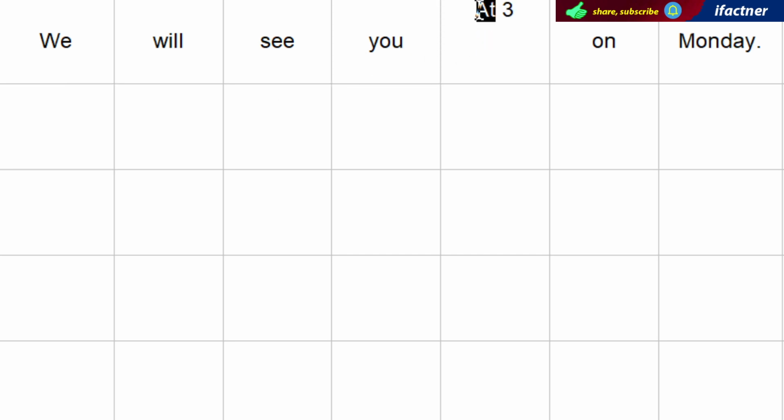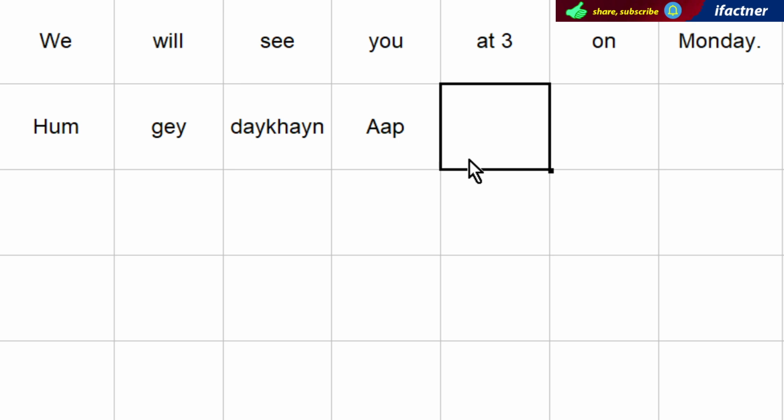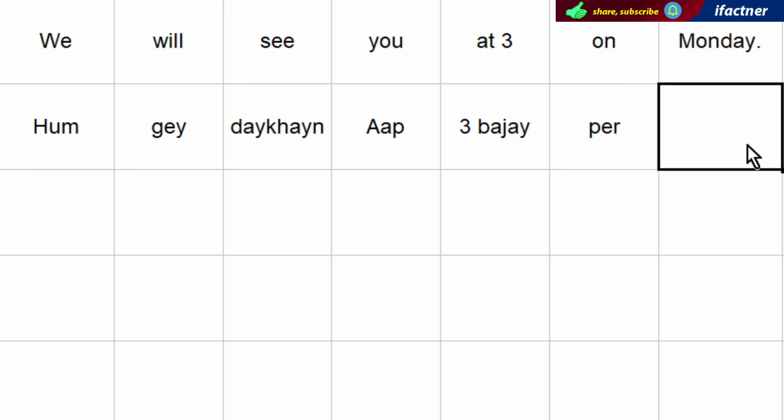So we can be translated as हम, will गे, see देखें, you आपको, या और simply आप, at 3 बजे, on, पर, and Monday can be translated as peer.